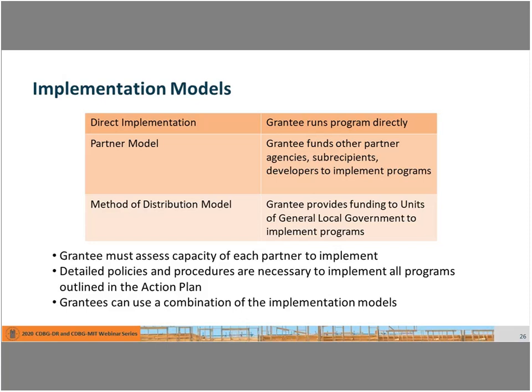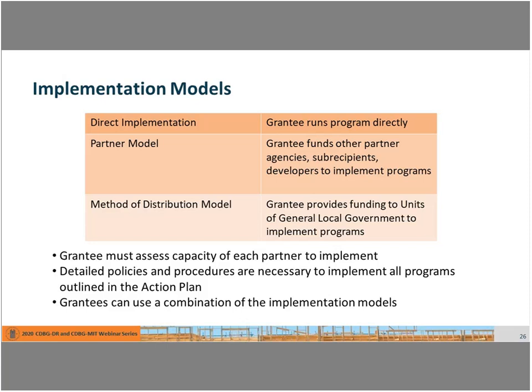And most grantees use a combination of these 3 models. It may make sense to run programs that can be more complicated at the state level to ensure expenditure goals are being reached and compliance is achieved. For example, most state grantees opt to run the homeowner rehab and reconstruction programs directly.